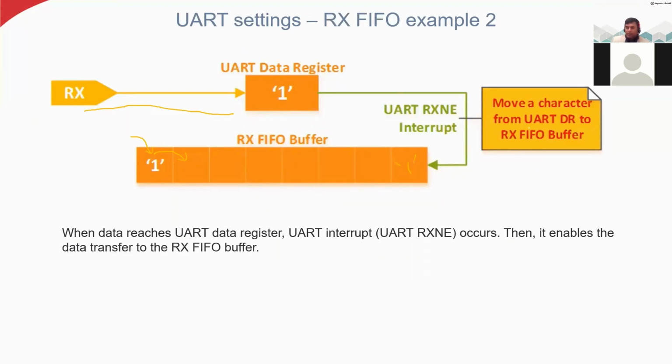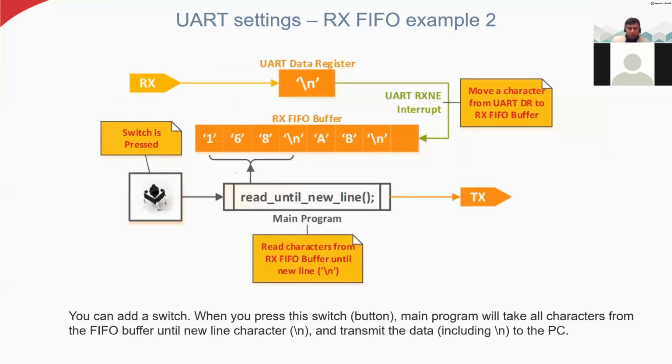We are moving a character from the UART DR to the RX FIFO buffer. When data reaches the UART data register, the UART interrupt occurs, and then it enables the data transfer to the RX FIFO buffer. That's what we saw just before.